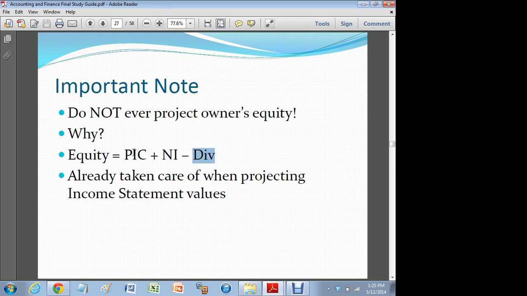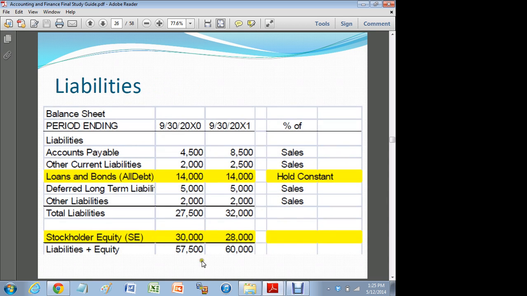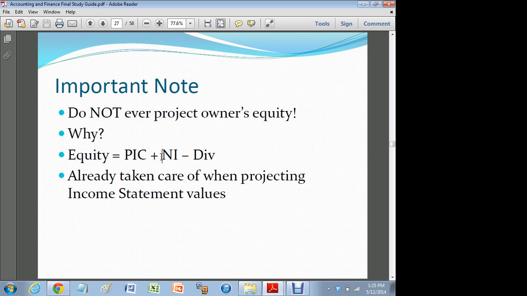PIC, in this case, we're trying to solve for, so there's no way we can project that. Net income, so remember, this is where the income statement and the balance sheet interact with each other. Part of this figure is the net income. To go from one period to the next period, we take the change in net income from those two snapshot moments. But the change in net income is simply the number from the income statement.